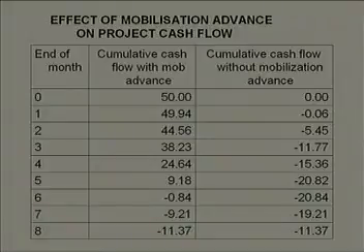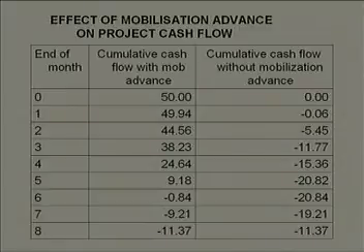Now, in the first case, I have assumed a mobilization advance of rupees 50 lakhs. In the second case, I have assumed that there is no mobilization advance, that is, mobilization advance is 0. So, with these two pieces of information, I have tried to capture the project cash flow for each month.